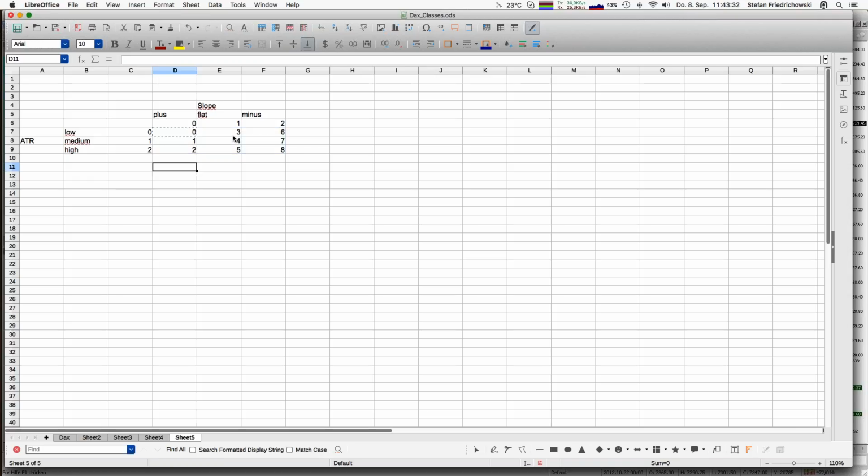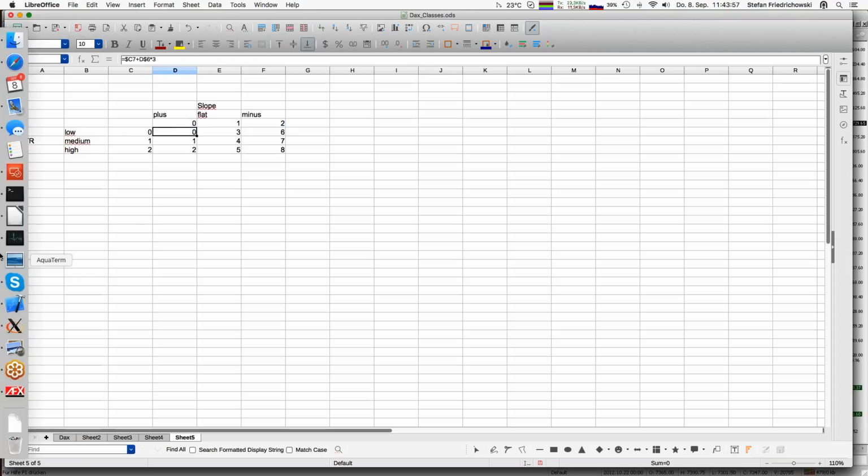Which tells us once again what class is representing what kind of behavior, and also, as already mentioned, the class identification number 0 is representing high values for the slope and low values for ATR, and so on and so on.